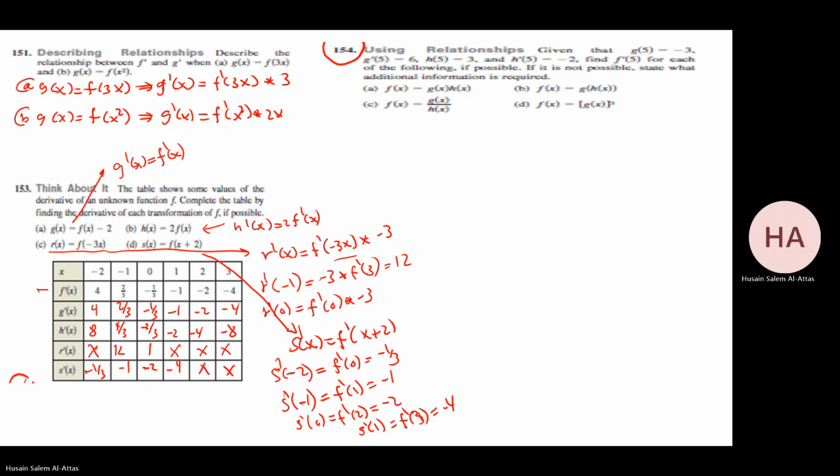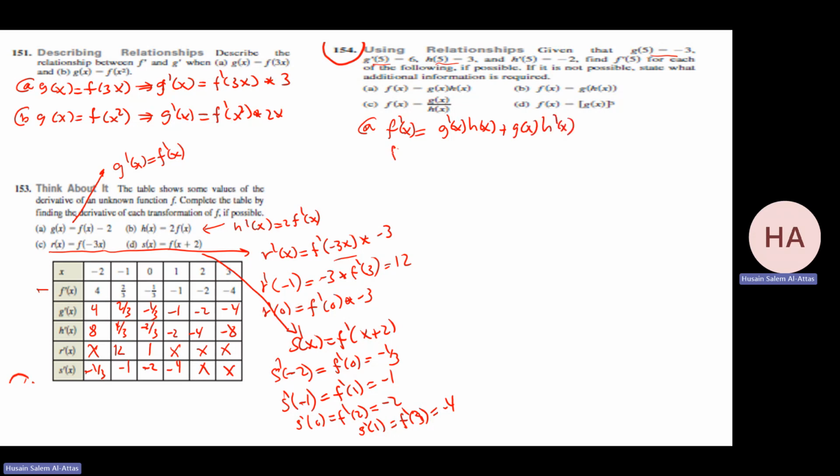Okay. Now he gave you some information: g at 5, g prime at 5, h at 5, h prime at 5. He wants you to find f prime. 1. f of x equals g times h. So f prime is g prime times h of x plus g times h prime of x.